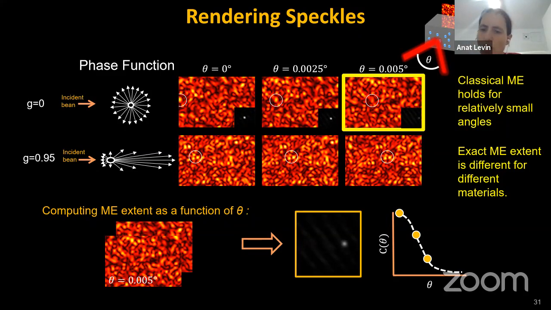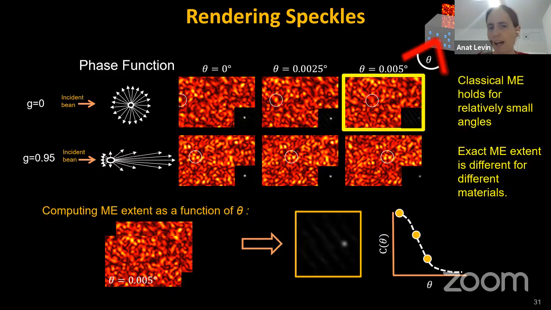And before this work, there was no good way to compute this decay numerically. So what people usually do is go to the lab and measure these curves, because it's so important.